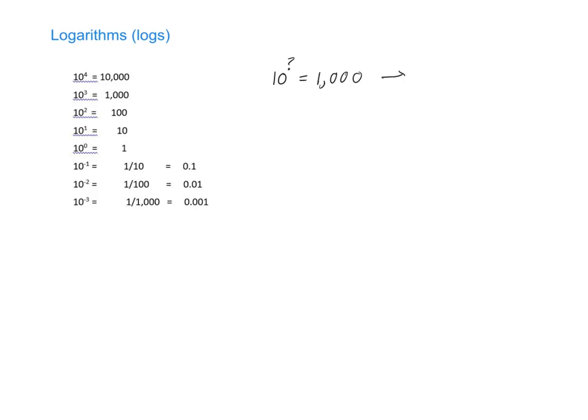Well, we can see that the answer is 10 raised to the third power is 1,000. Likewise, suppose I ask 10 raised to what power would give me 1,000,000? Well, we can see that the answer is 10 raised to the sixth power would give me 1,000,000.